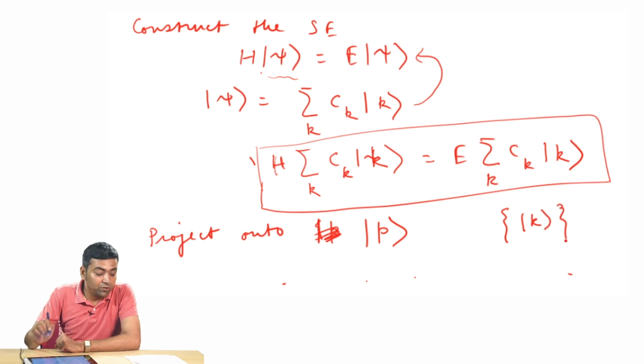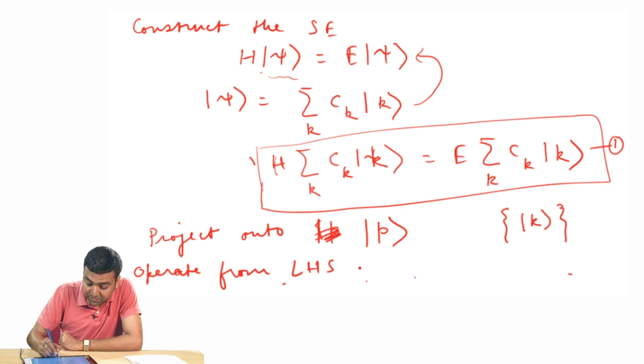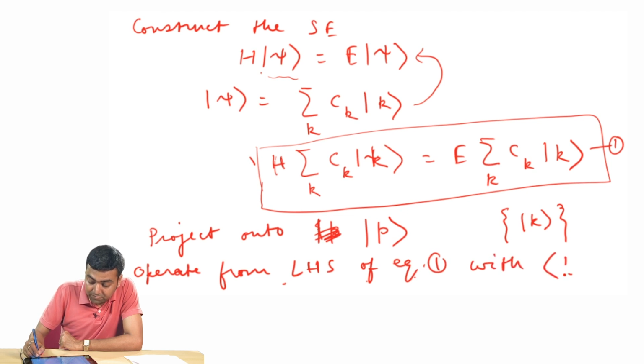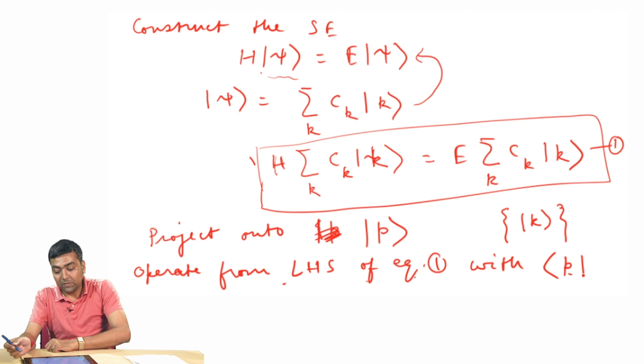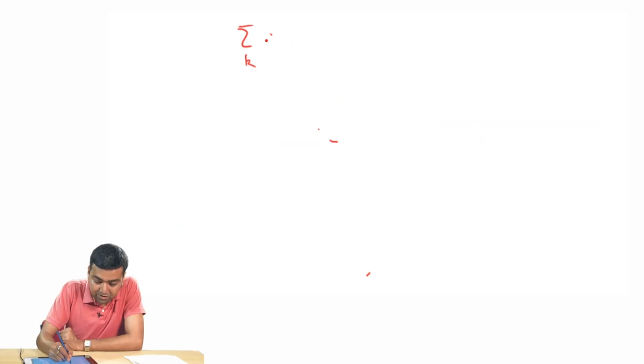If we do the projection, it means, if I call this equation 1, we need to operate from the left hand side of equation 1 with P. Let me just write down the equation once again.